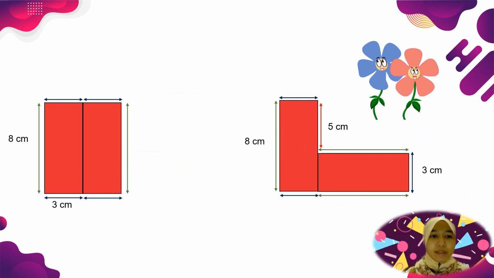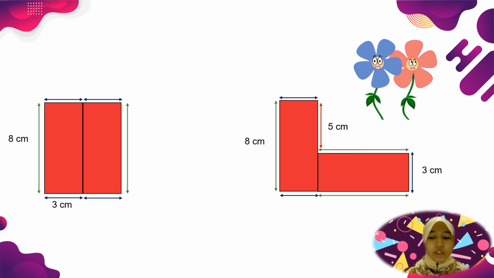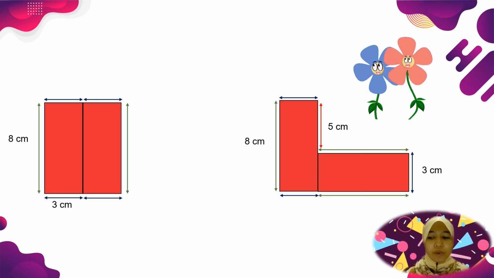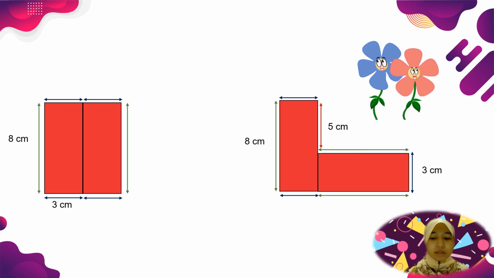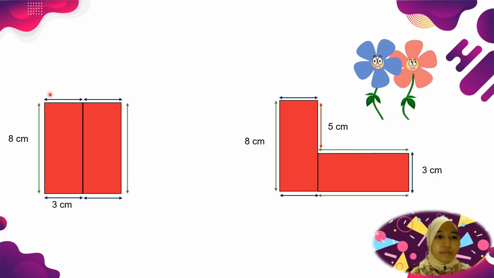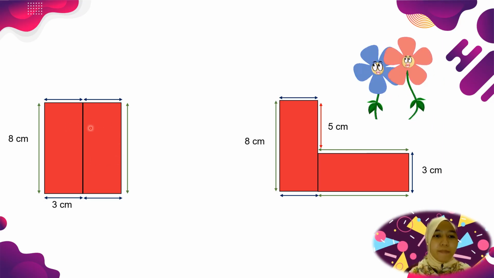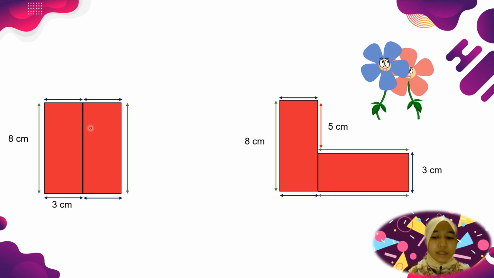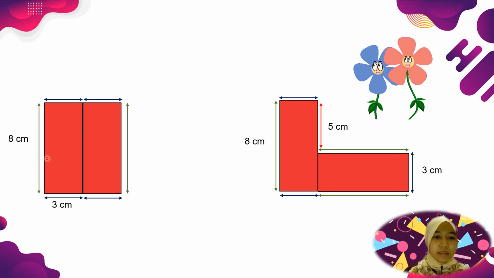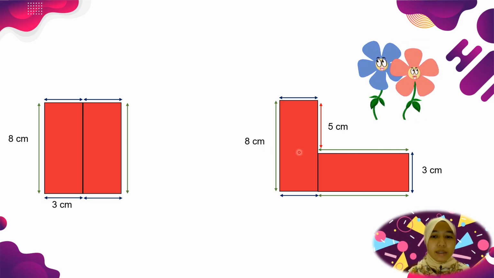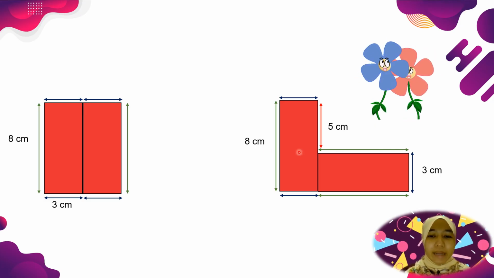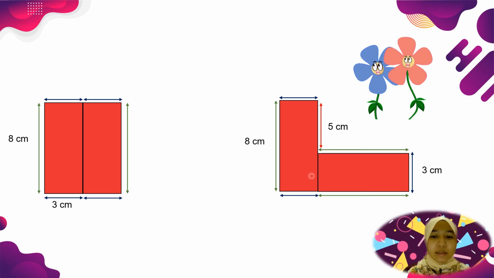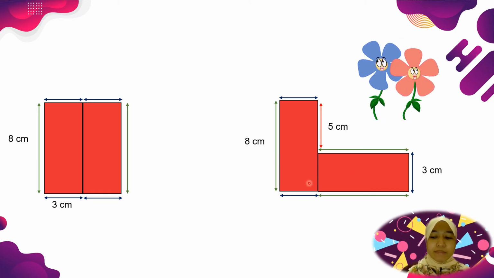Alright, here are some examples of the composite shapes that can be made when you combine the two cards. The first example here, the cards are combined vertically. The second one, you can make it as an L shape.